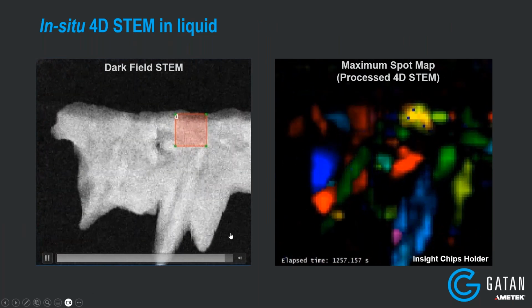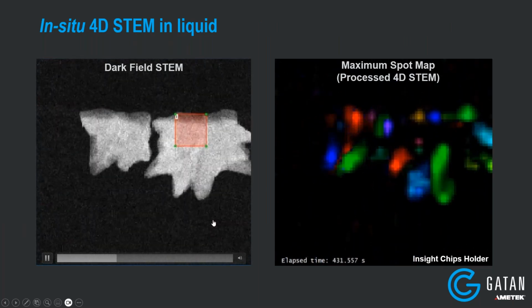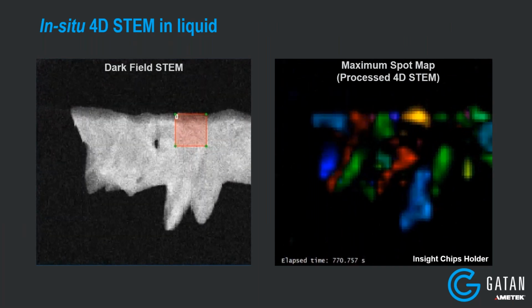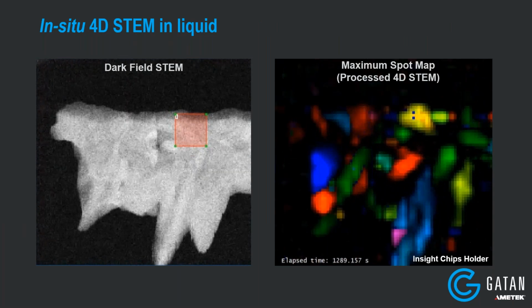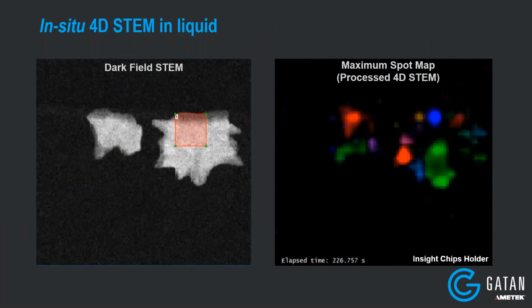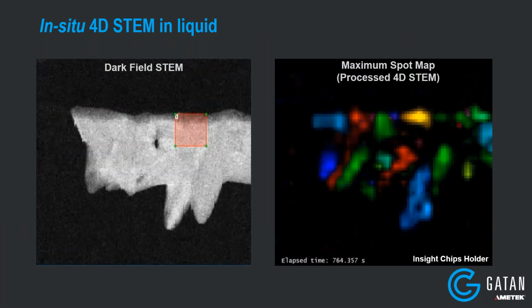In this particular experiment, we see this was done in liquid. This was using an in-situ chips holder that has these very thin nanochannels, which is great for doing 4D STEM.